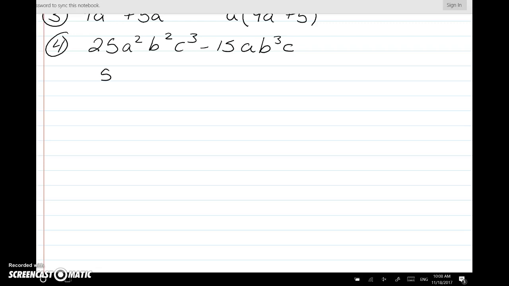Okay, 5 is going to be the common factor. I have 1a, 2 b's, and 1 c. That's going to be the common factor. When I divide my first term, I get 5ac squared minus 3b.